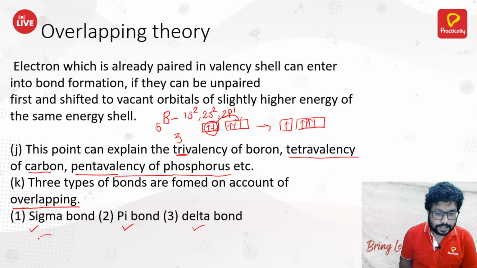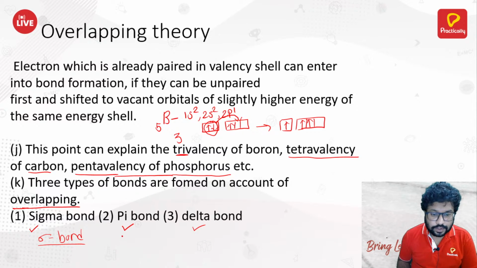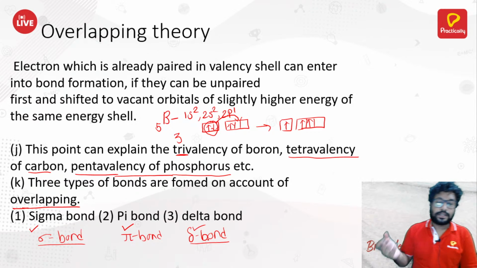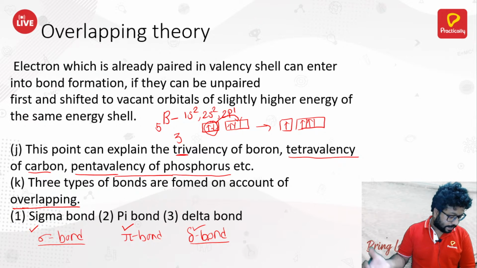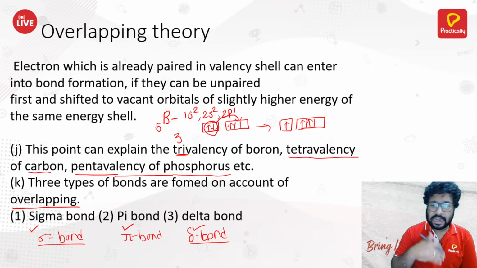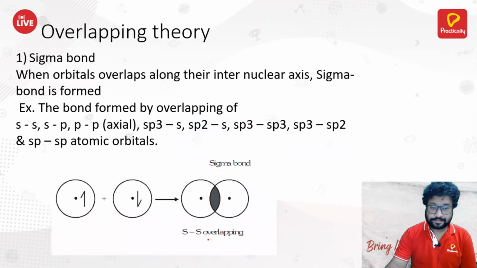You can also write it like this: sigma bond, then you got the pi bond, and lastly you got the delta bond. So that's how you have 3 types of bond: sigma, pi, and delta. Okay, let's see them one by one.